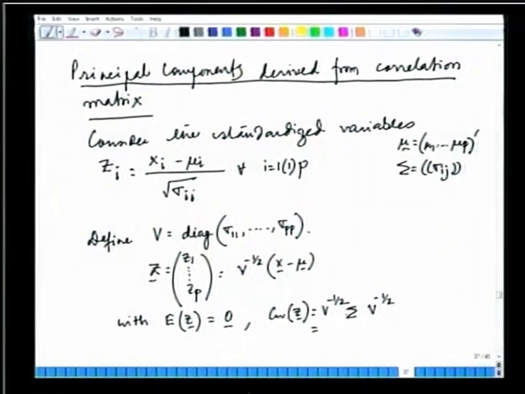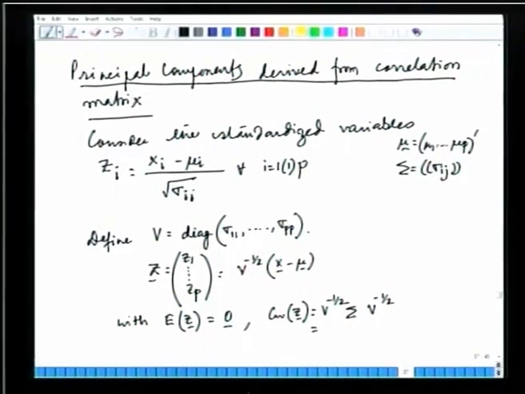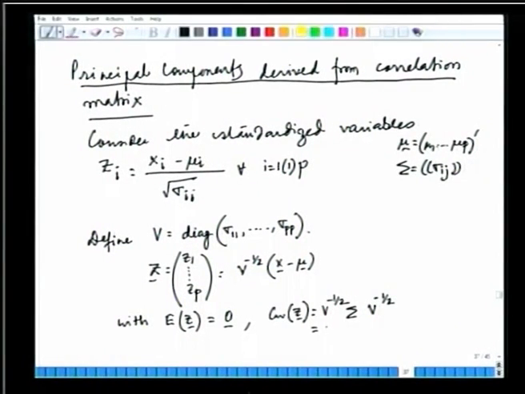If sigma is the variance-covariance matrix, or the dispersion matrix, of x, then the ijth element of the sigma matrix is getting multiplied on one side by sigma ii raised to the power minus half, and on the other side by sigma jj raised to the power minus half. So, in effect, I am getting nothing but the correlation coefficients rho ij.